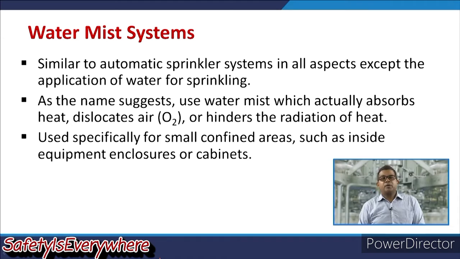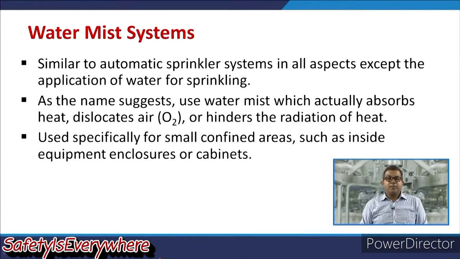Because these mists have a larger surface area, they can easily absorb the heat, and simultaneously, because of their large density, they can cordon off the air supply and, indirectly, the oxygen supply, while also hindering the radiation of heat.